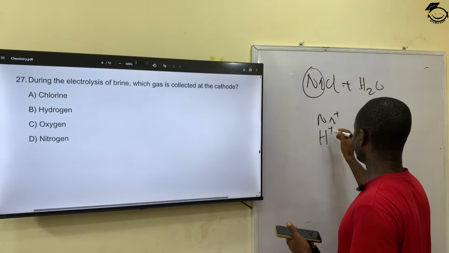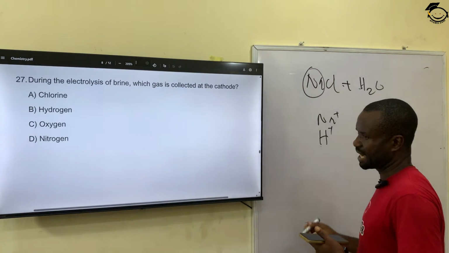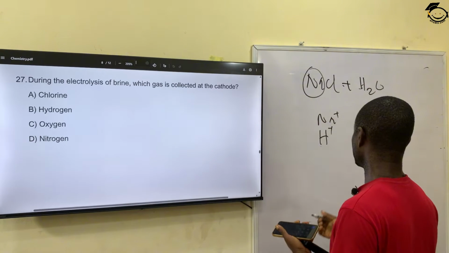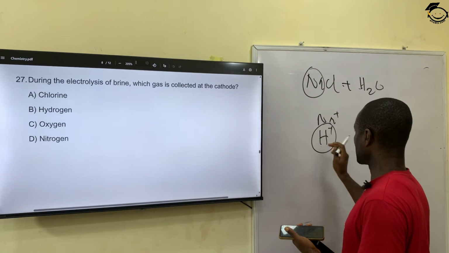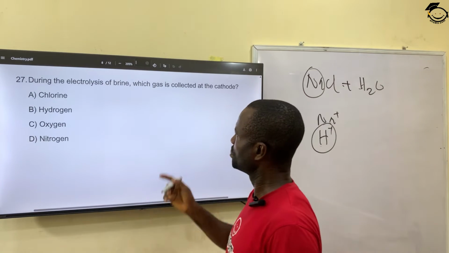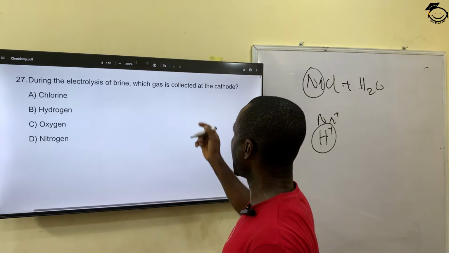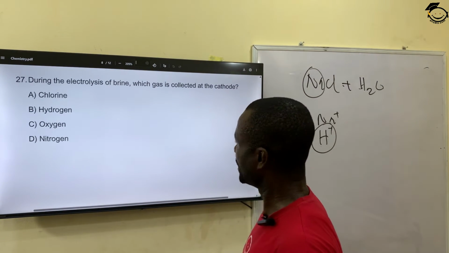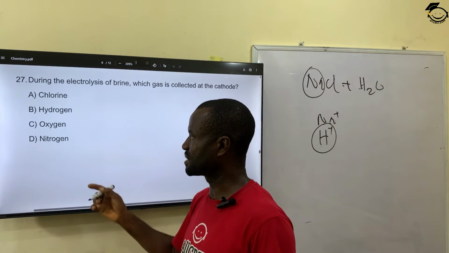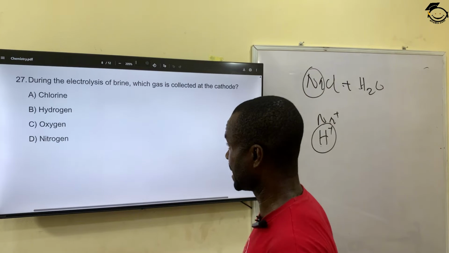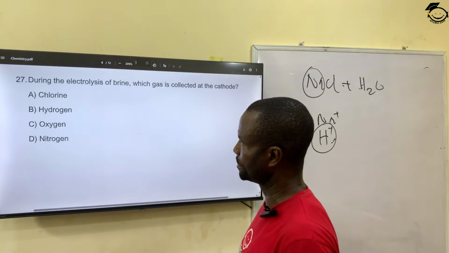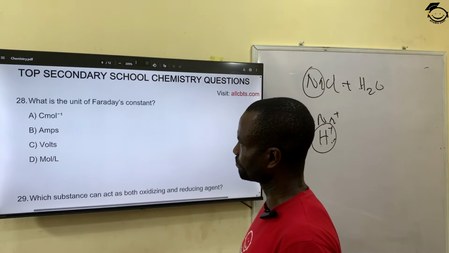Which will be discharged at the cathode? Going by preferential discharge, hydrogen will be discharged because hydrogen is preferred to sodium. So which gas is collected at the cathode? A, chlorine. B, hydrogen. C, oxygen. D, nitrogen. The correct answer is B, hydrogen. Hydrogen is discharged at the cathode. All right.